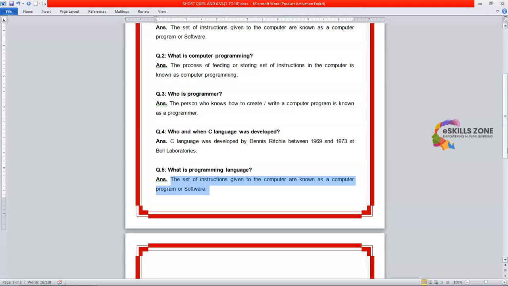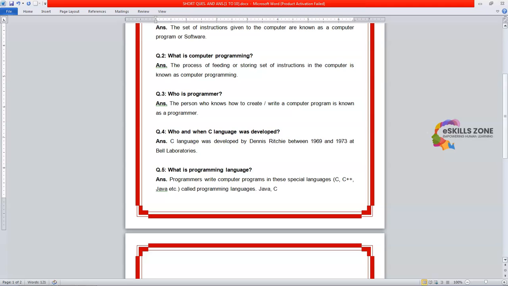The answer is, programmers write computer programs in these special languages: C, C++, Java, etc., called programming languages.